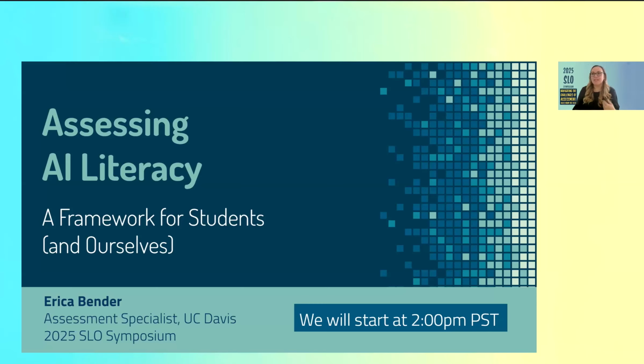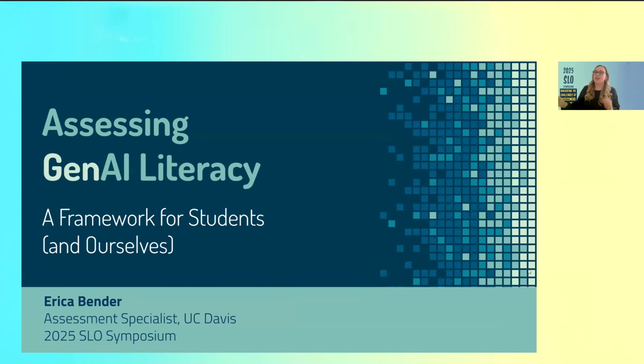I want to say before I really jump in that even though the title of the session is assessing AI literacy, I want to be mindful of my terminology because what I'm really talking about here is generative AI. There are so many different kinds of AI tools out there, and many of the AI that are proliferating today have their foundation in AI tools that have existed for a really, really long time.